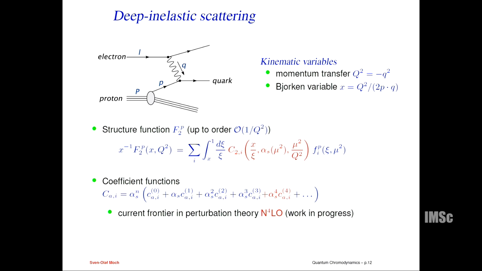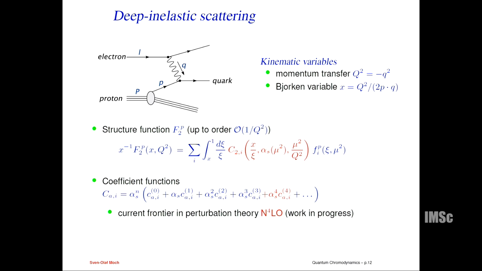They depend on alpha s, at which order of perturbation theory we work, and then they're being multiplied with the parton distribution evaluated at psi. So this is the way we implement this convolution here. Parton distributions evaluated at psi, and coefficient functions evaluated at x over psi, and then everything integrated from x to 1.